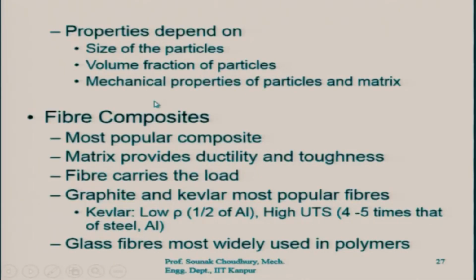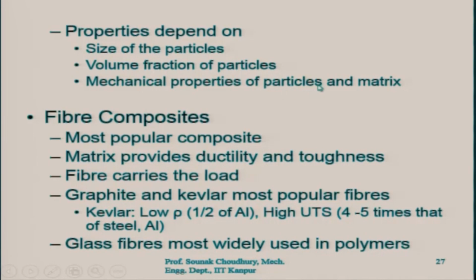It is like the case of mixing two liquids. So, in a composite material the properties you get will be unique and may differ from those of the particles and the matrix, but they will depend on the size of the particles and the volume fraction of particles.